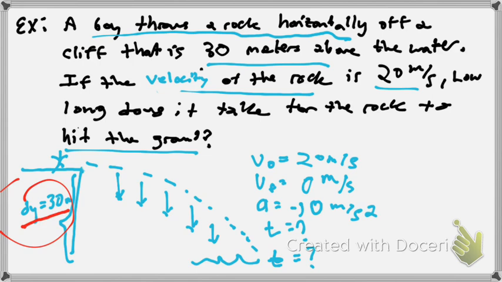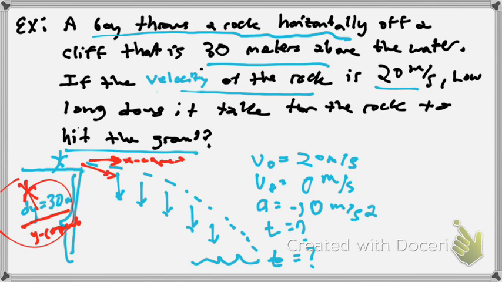And even then, this is a y component question, and we don't know if the rock was thrown sideways or thrown down. So it's better to analyze the situation before using different variables. So let's go ahead and solve this question.